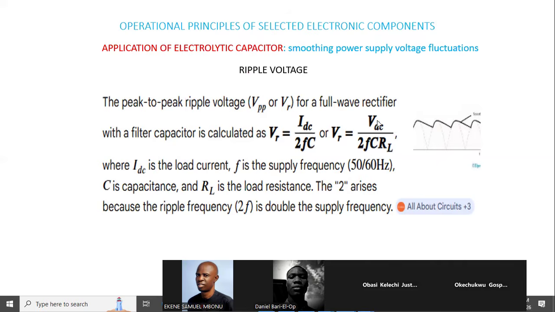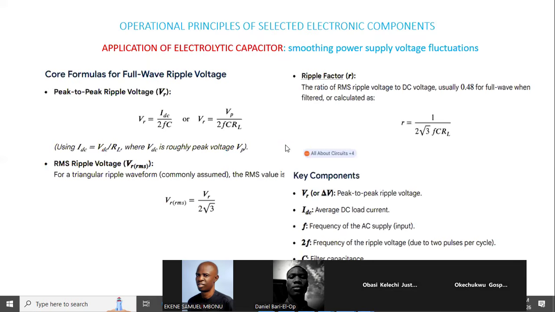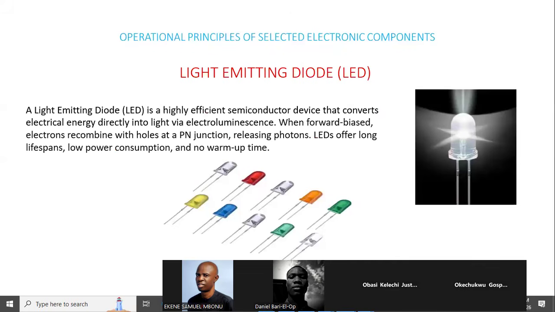VDC, you can substitute here VRMS. They are the same thing. We move. Peak-to-peak ripple voltage, this has been said. We continue. If you are watching the video, you can pause the video and look at it in details.